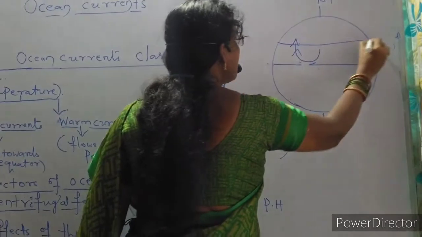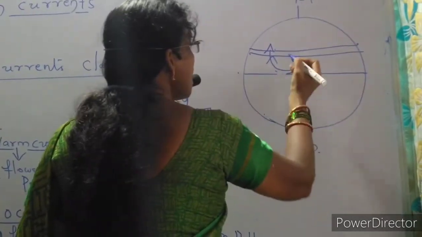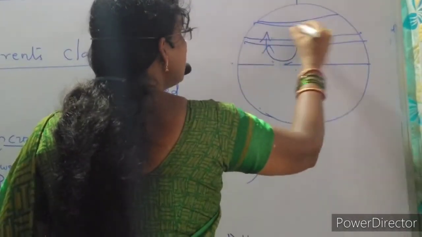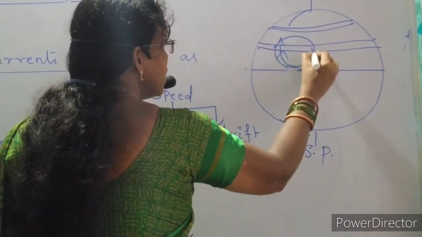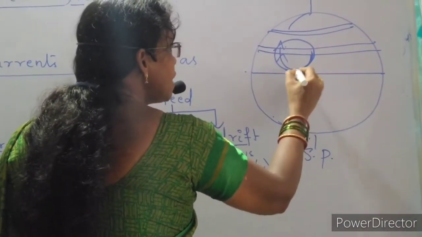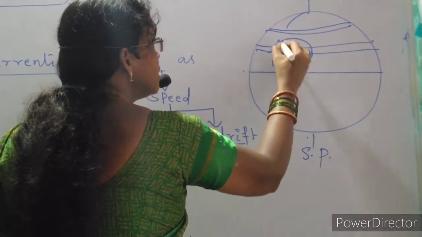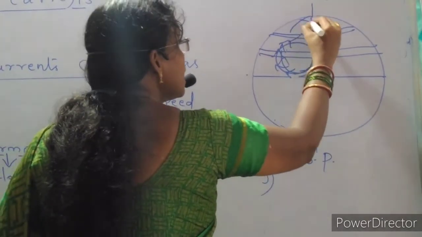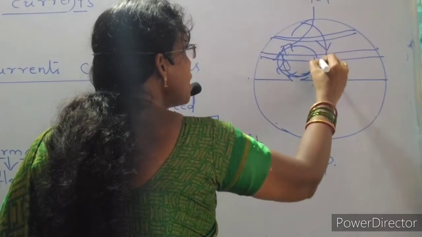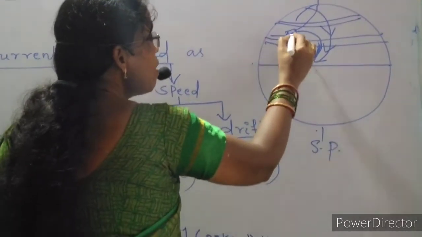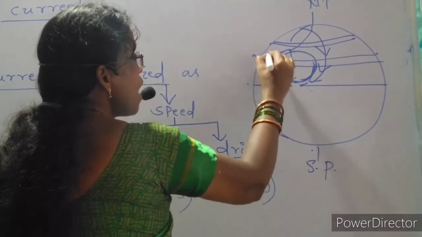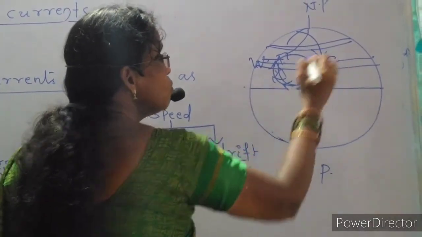These trade winds in the temperate zone go towards the poles, clockwise. The warm trade winds flow like this towards the poles. Again from the poles, it will come down towards the equator. And already you have read, these are warm winds and these are cold winds.